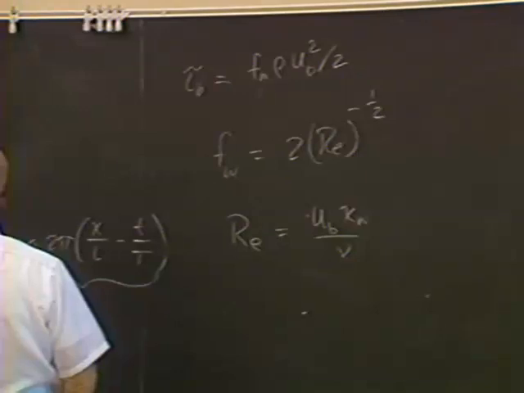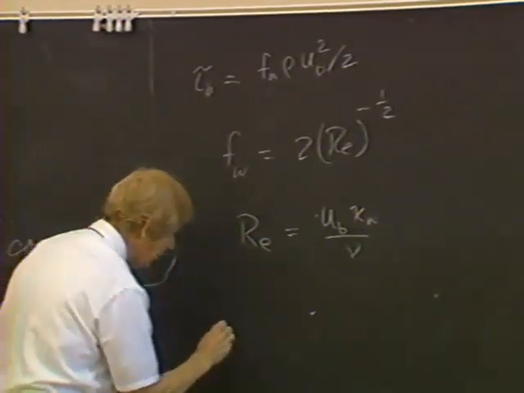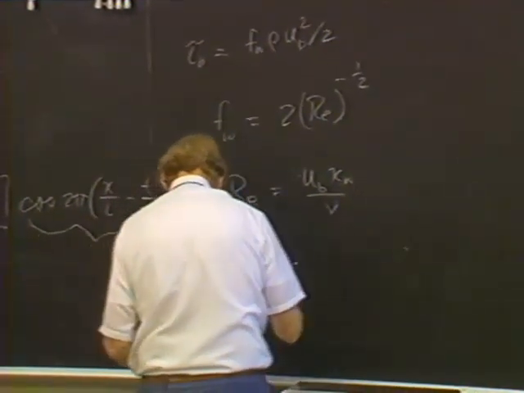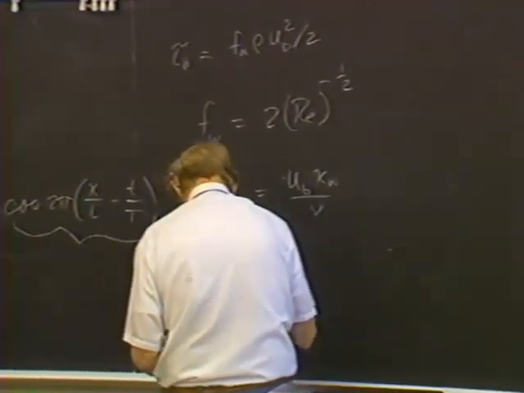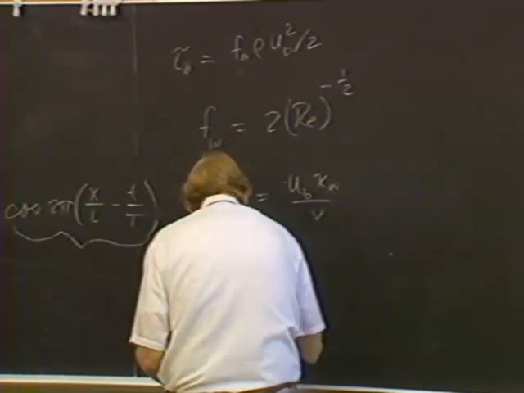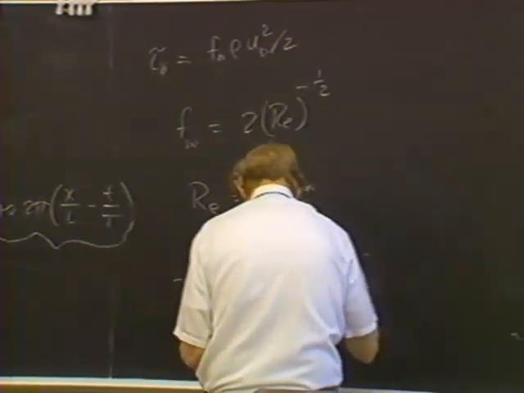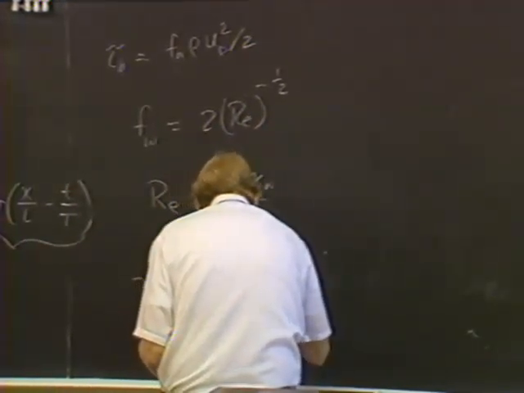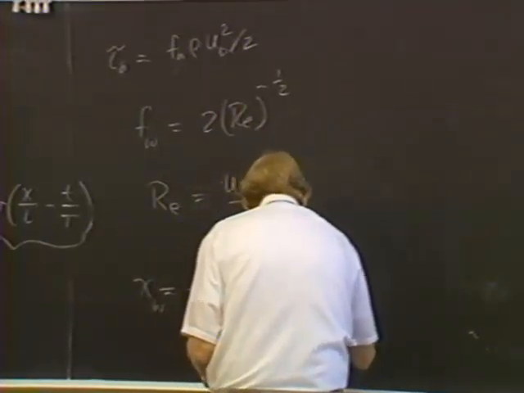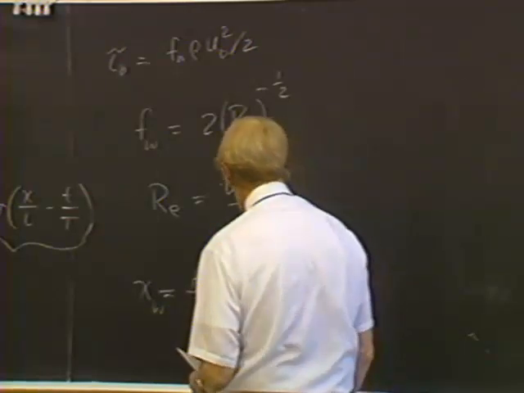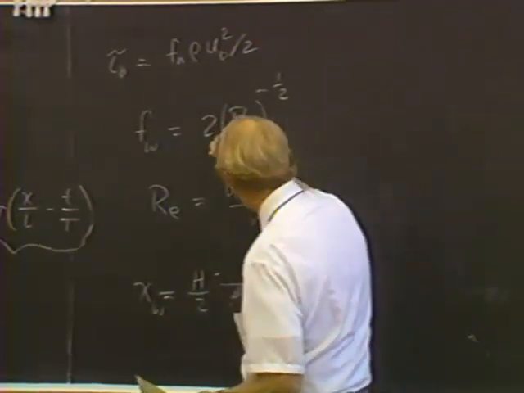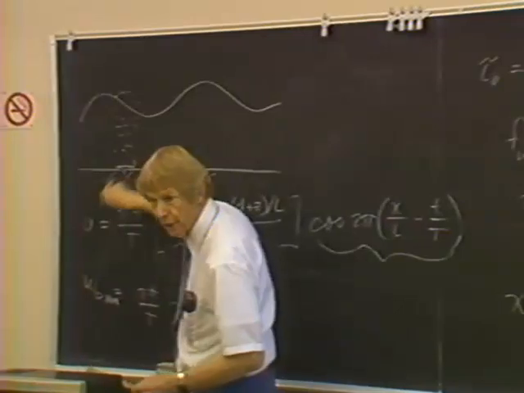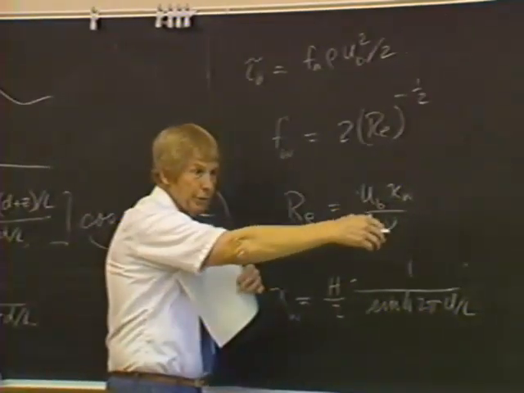And we have for x sub w, by the same route of reasoning, is equal to the height of the wave divided by 2 times 1 over the hyperbolic sine of 2 pi d over L. This gives the excursion from the center to the outside, and the 2 up here is to give the full length of the motion.